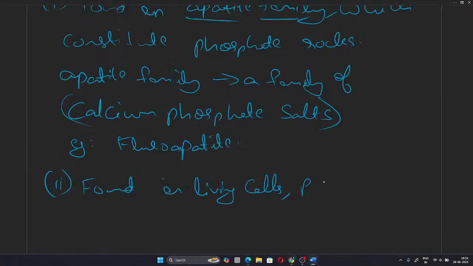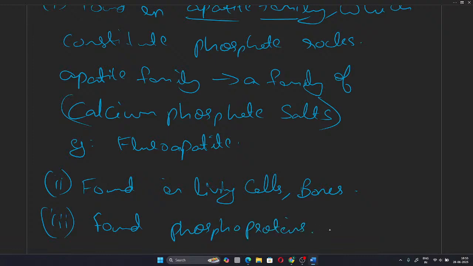And they gave that it is present in the bones and found as phosphoproteins, which can be seen in eggs and milk.